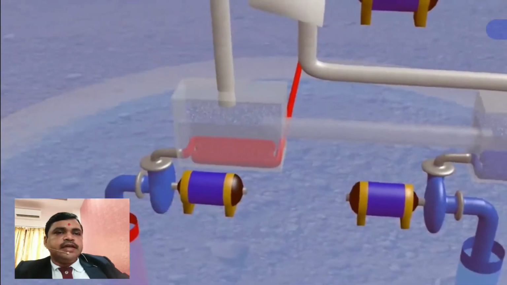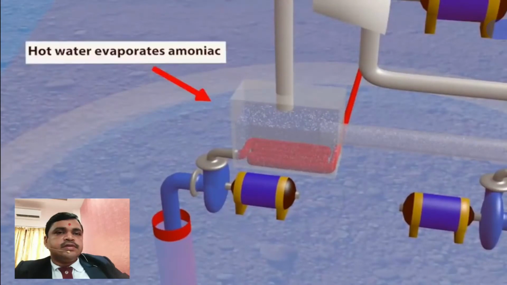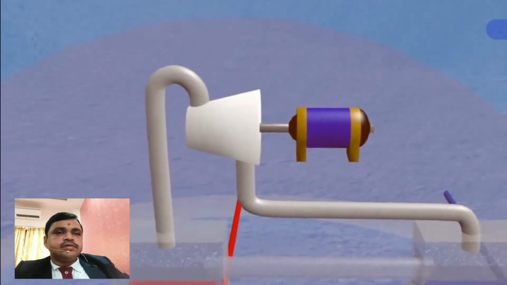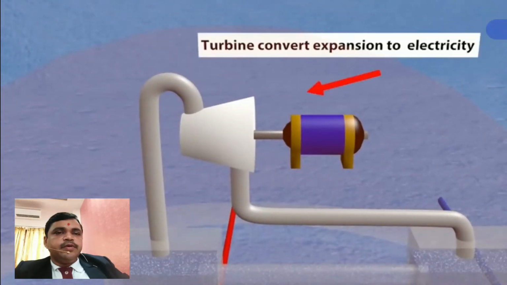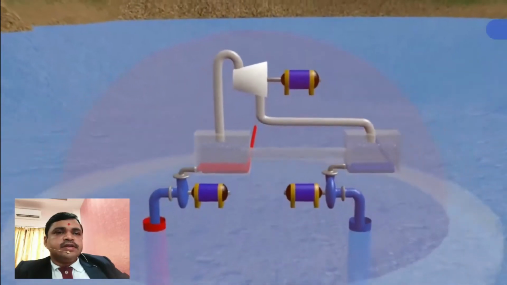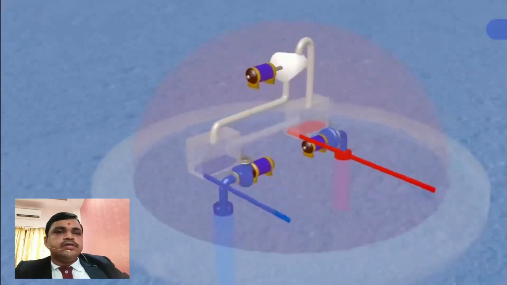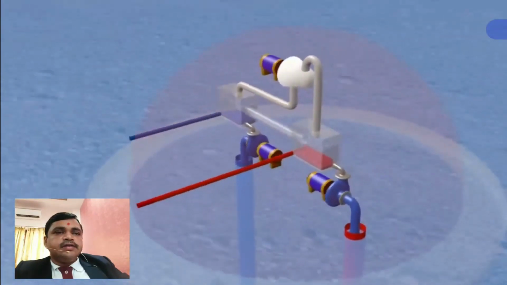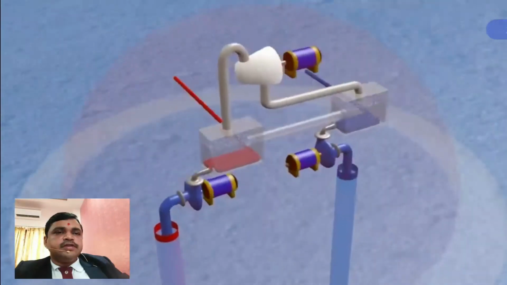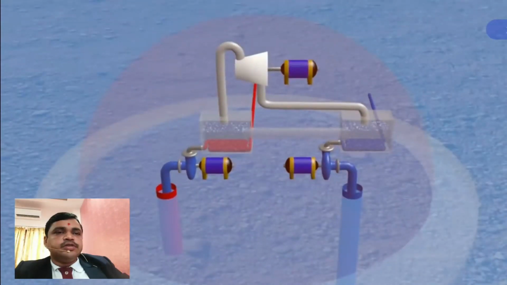This is an ammonia cycle OTEC power plant. Ammonia is vaporized in the evaporator and then it passes into the turbine, and the turbine is joined with a generator which produces electricity.